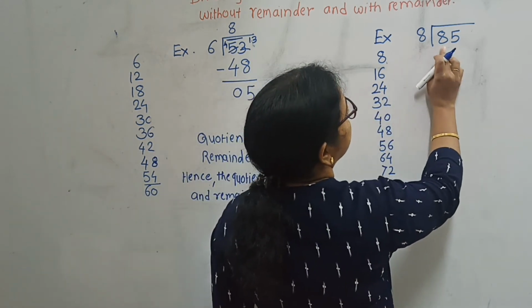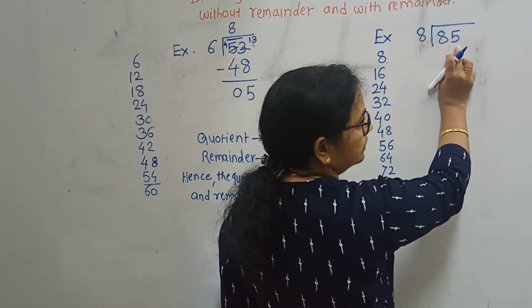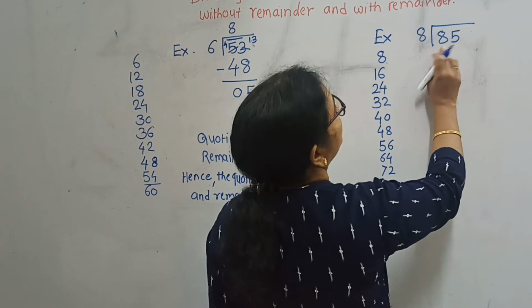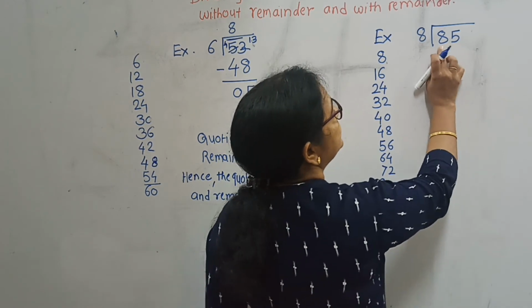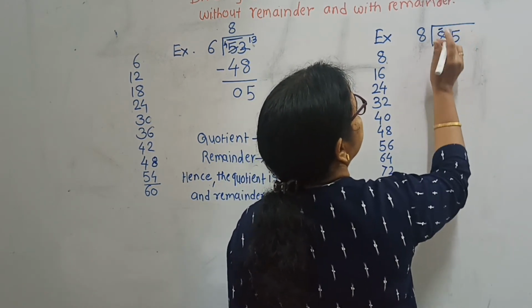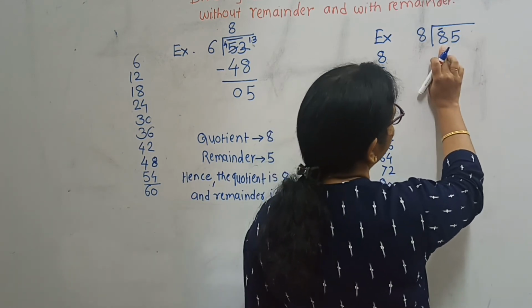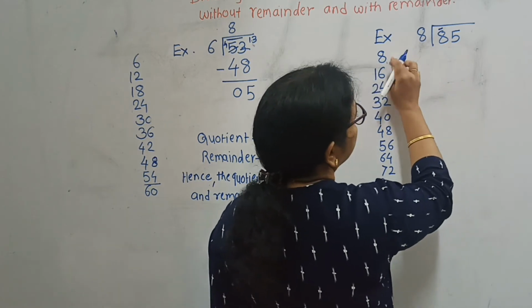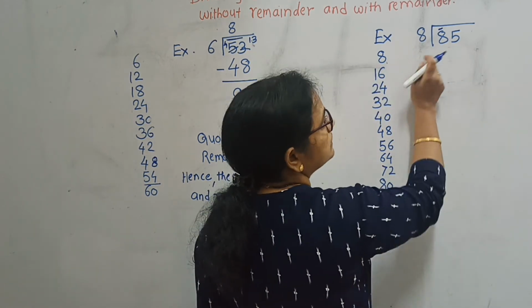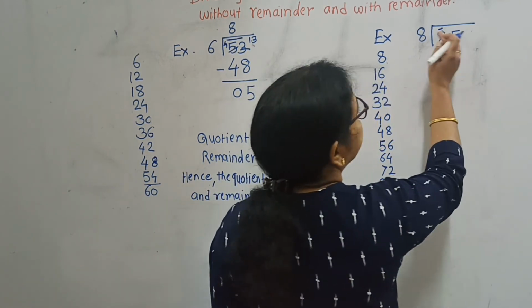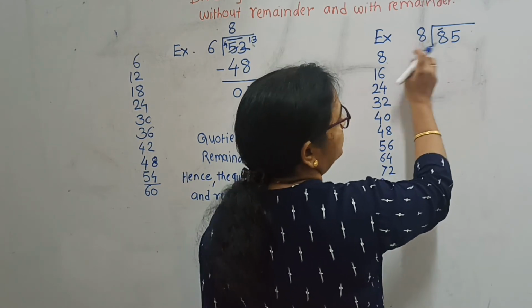Now, see here 85. First we have to see the tens place. Here is number 8. Can we divide this 8 by the 8 table? Yes, 8 ones are 8.